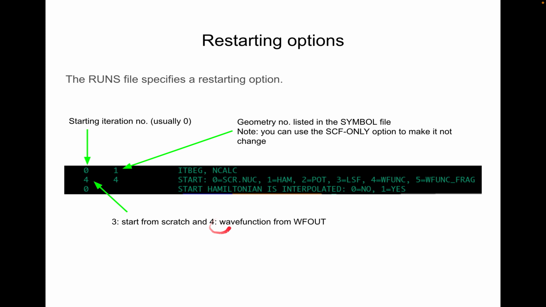So typically you use number 4 here. And sometimes you may want to restart your calculation from scratch. For those situations, you put number 3. So that is the runs file.